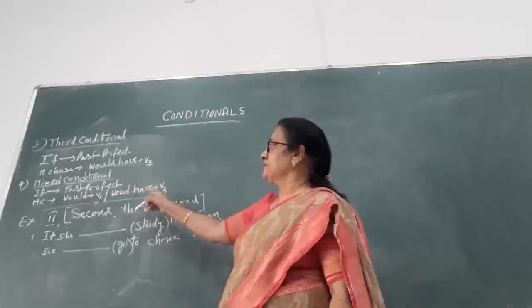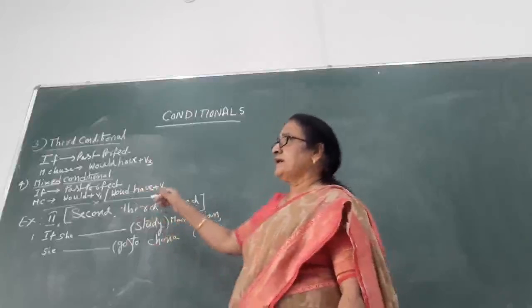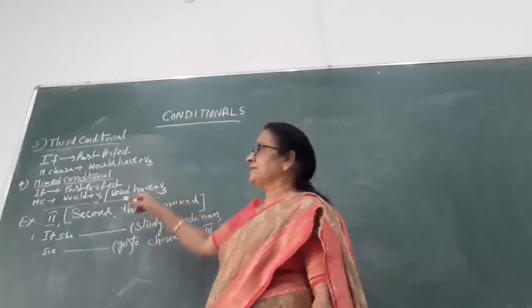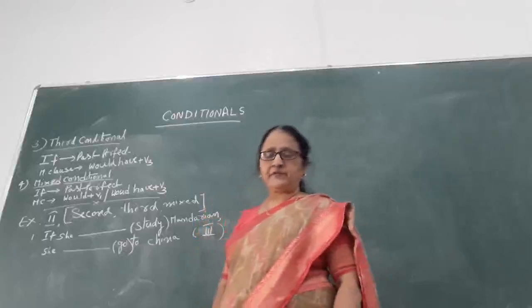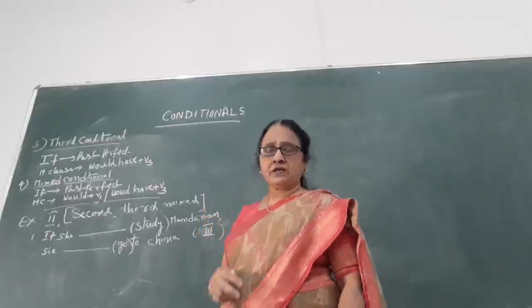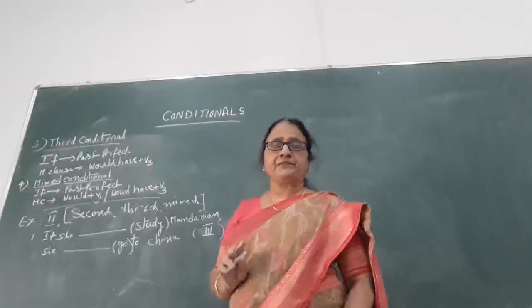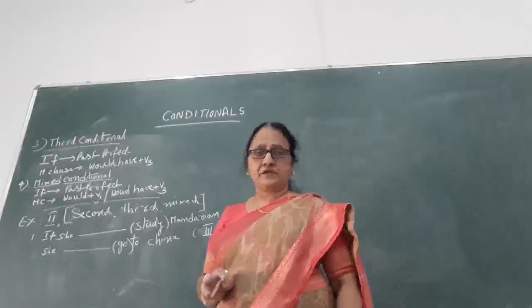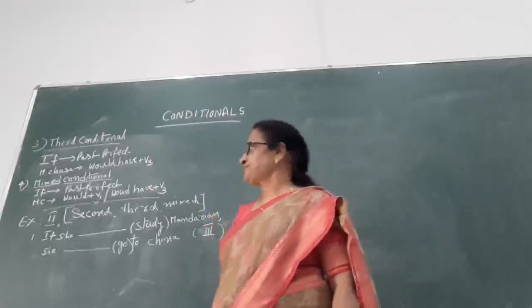Then next comes the mixed conditional. As I told you in my previous video, a conditional sentence has two parts: one is the if clause and the second part is the main clause.